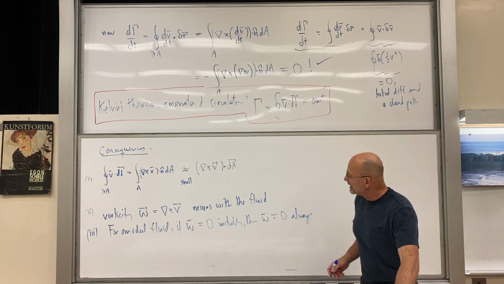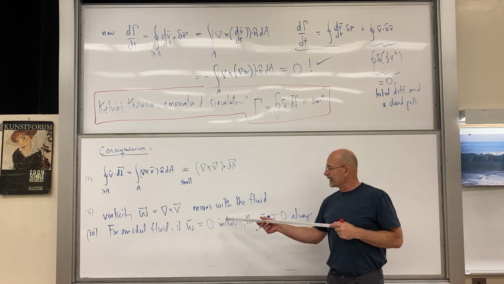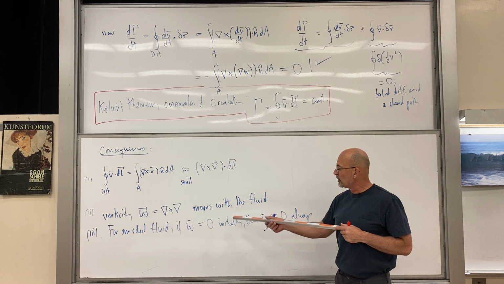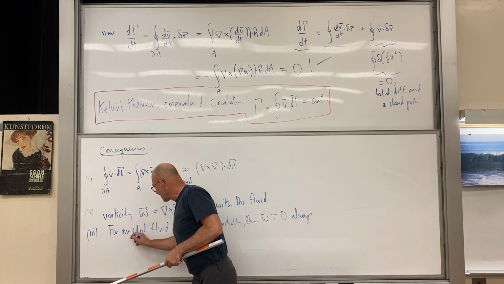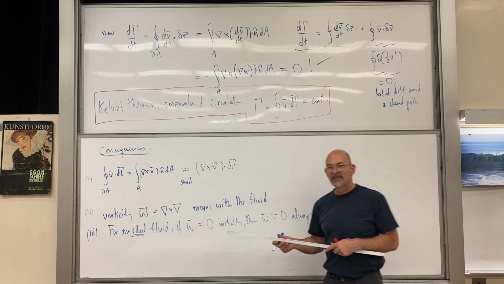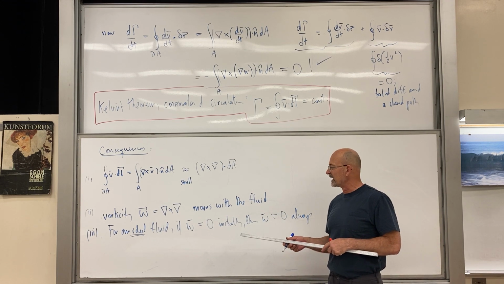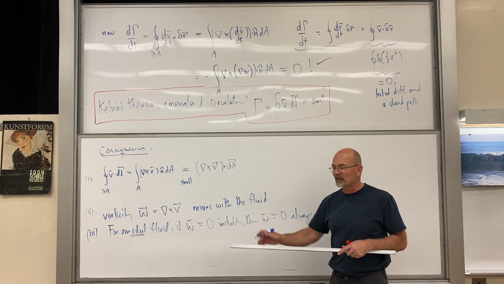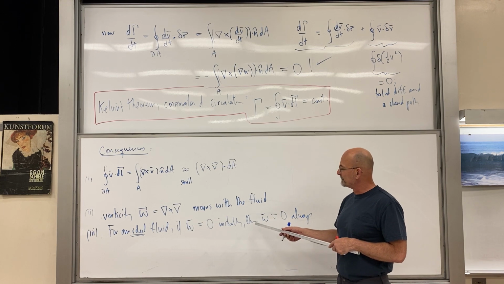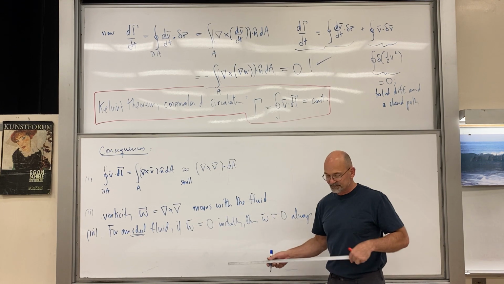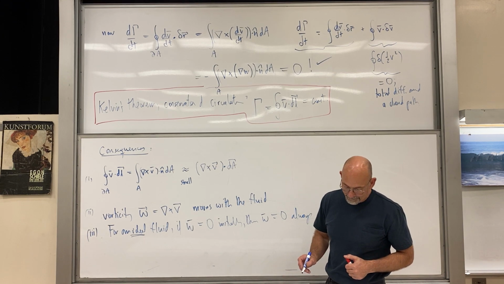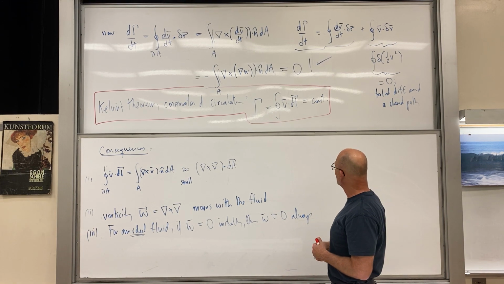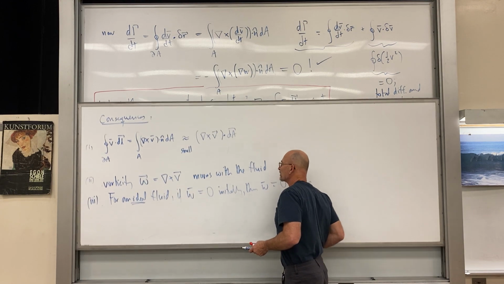The reality of these statements is that they hold true, first of all, again, that fluid has to be ideal, and they're practically valid in the bulk, okay? But at boundaries, at surfaces, is where things do not hold as true here. So let's look at that as an example.